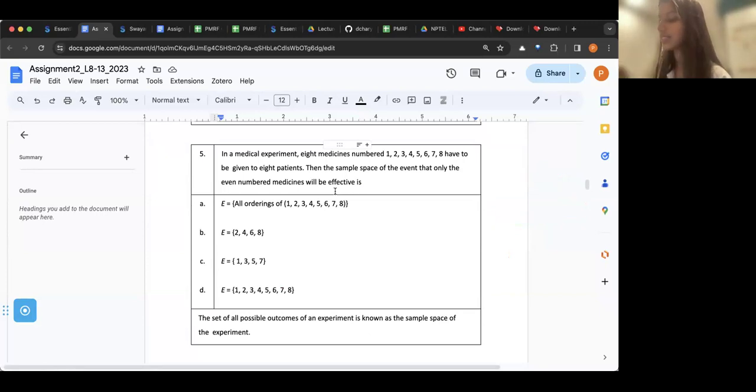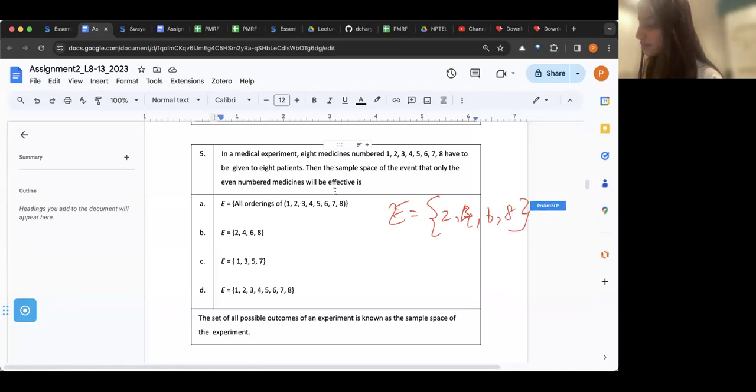They're just saying that only the even numbers will be effective. So your sample space would just be 2, 4, 6, and 8, which is option B. So this answers this question.